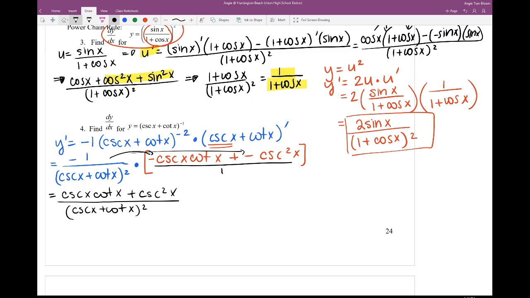Can we factor out cosecant of x? Of course we can. Factor out cosecant of x. You are now left with cotangent of x plus cosecant of x all over cosecant of x plus cotangent of x squared. What do you want to do next?